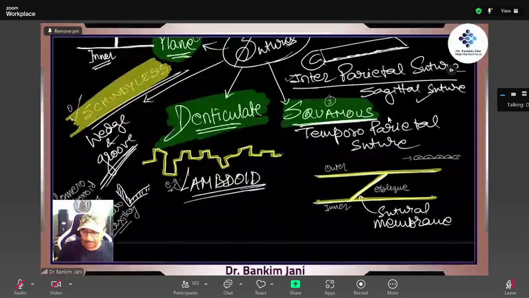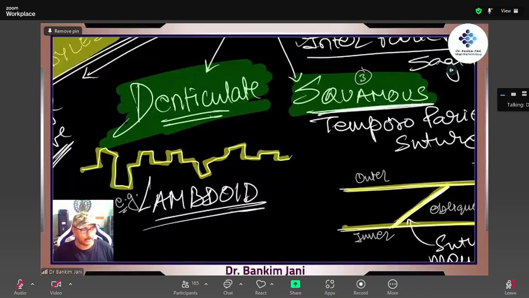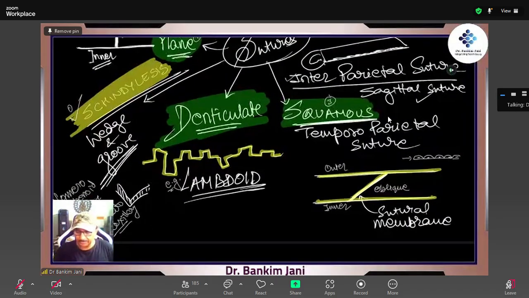What's the importance? When there is impact, the direction of the impact determines where the skull breaks. This is what we'll learn when we discuss skull injuries. That is why they say a helmet is important, and why that part of the helmet is important.